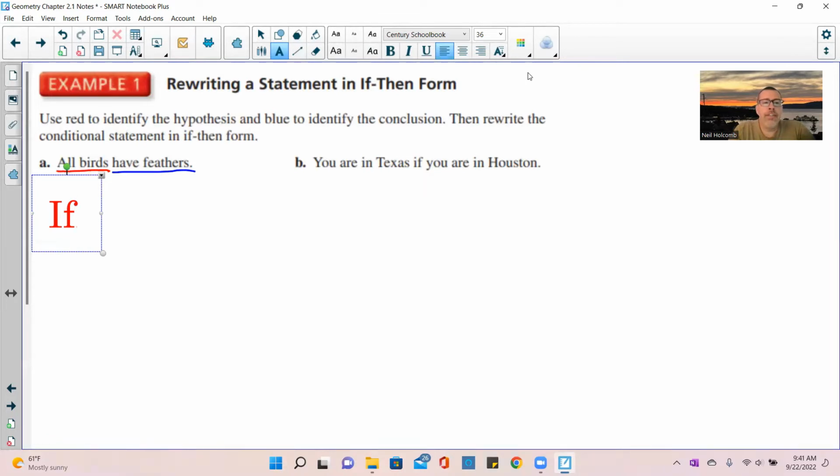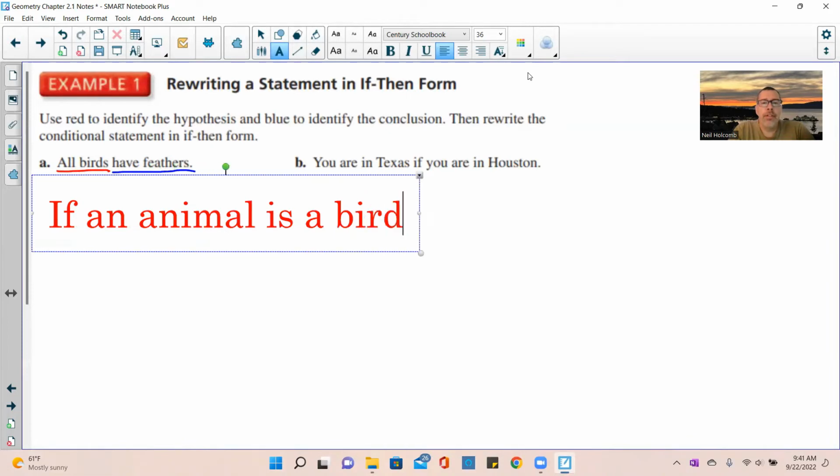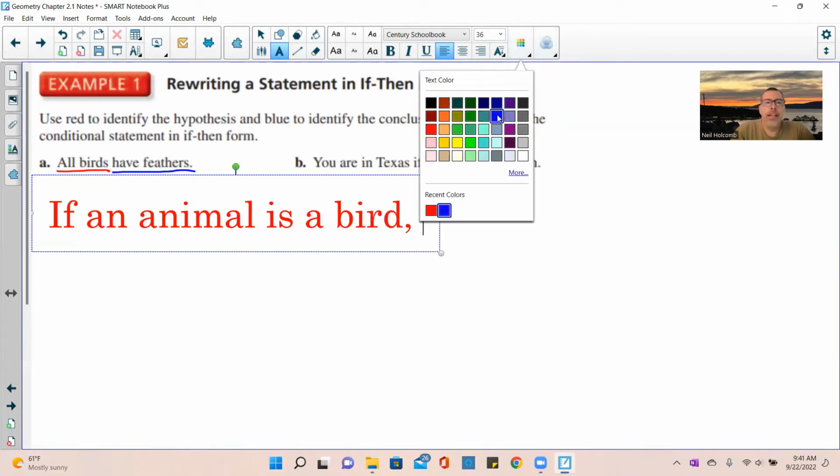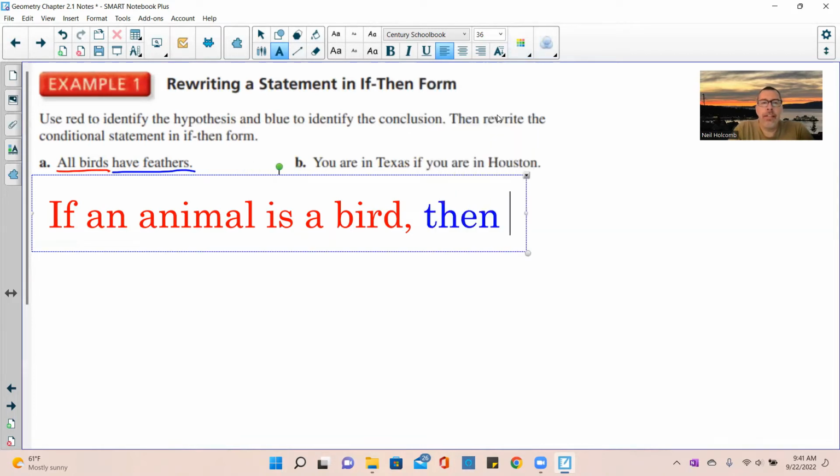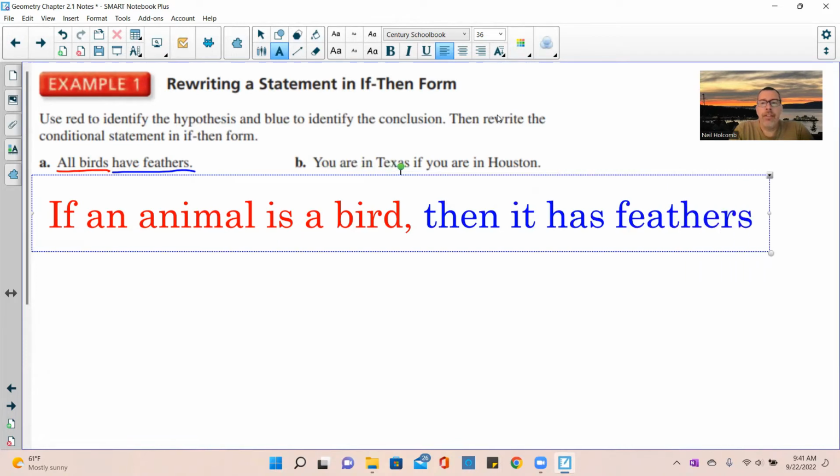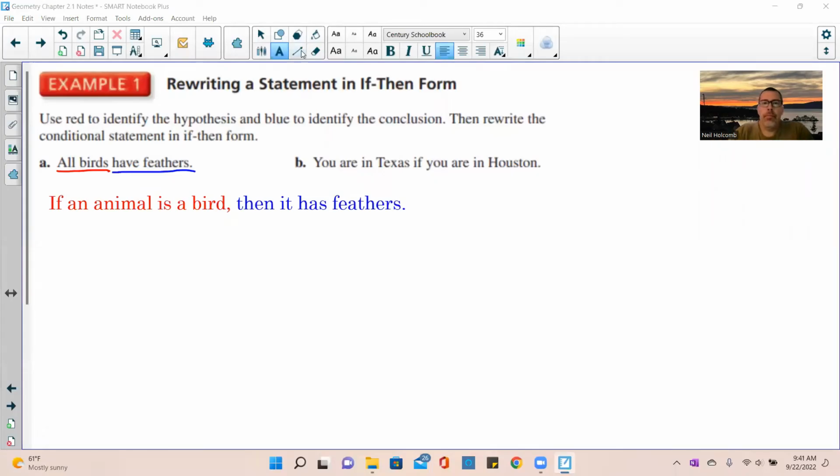So you say if an animal is a bird, comma, space, switch to blue, then it has feathers. Okay, so if an animal is a bird, then it has feathers.